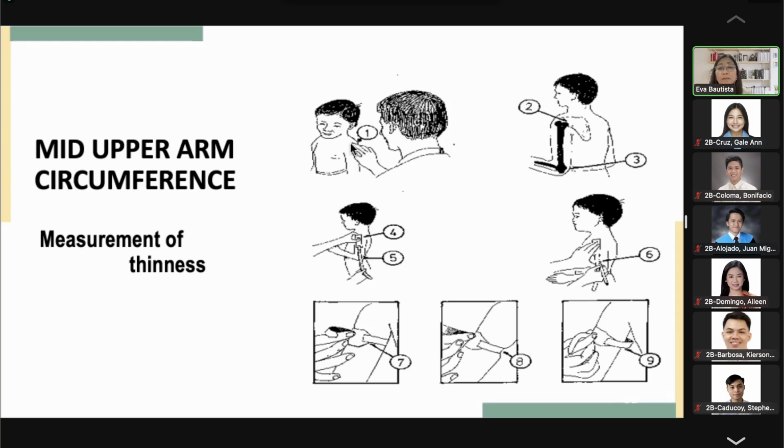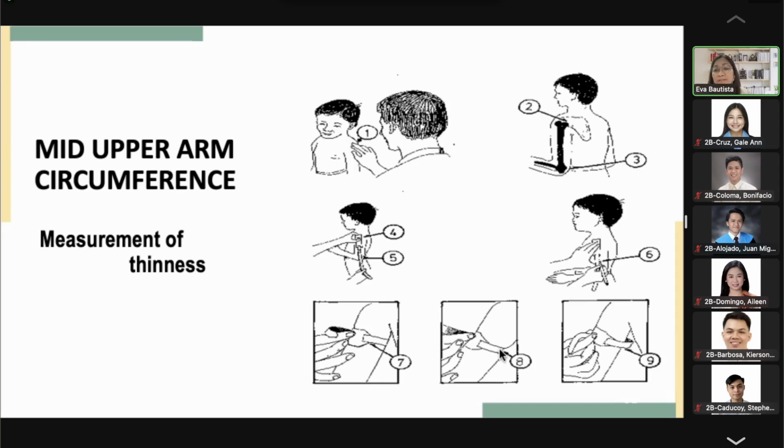We get the mid-upper arm by locating the tip of the shoulder and the tip of the elbow and getting the midpoint of that length. That's where we put the tape measure, which is used to measure the circumference of the upper arm at that midpoint, and we read it to the nearest 0.1 centimeter.